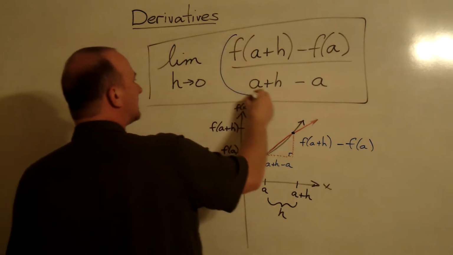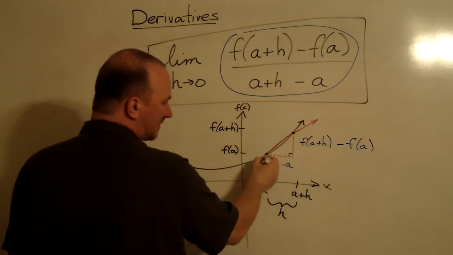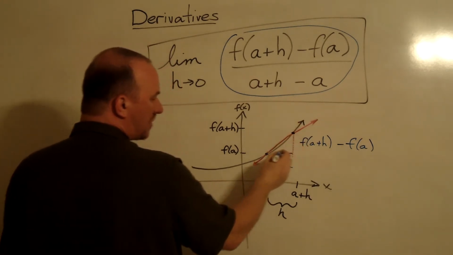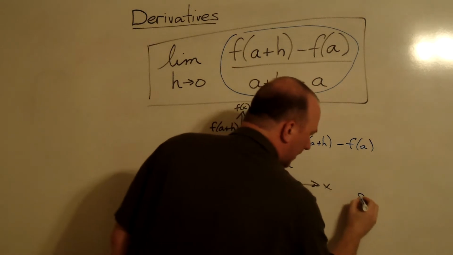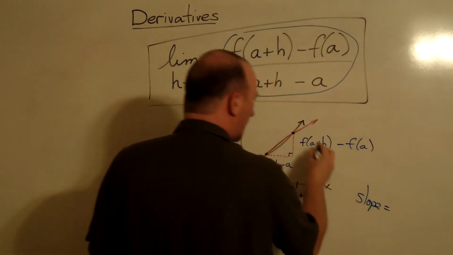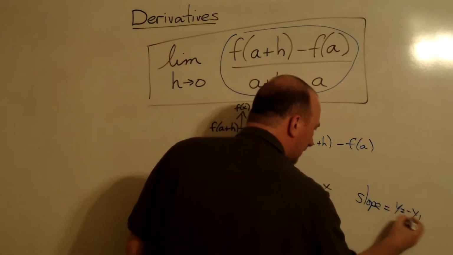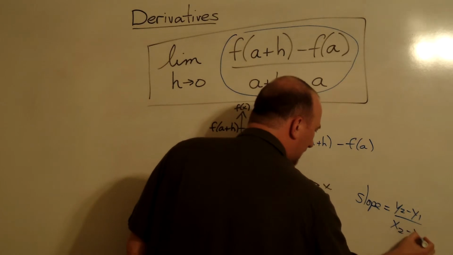The way that we get this is the line that goes through this has a slope, and remember the slope formula. Slope equals y2 minus y1 over x2 minus x1.